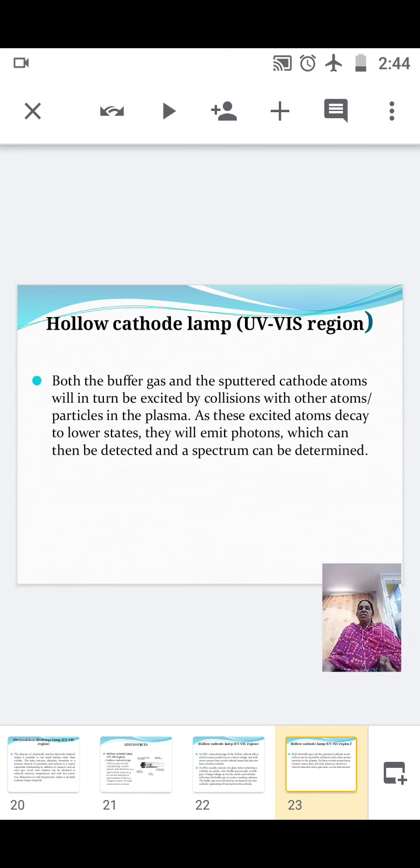The radiation emitted is usually in the UV and visible region.